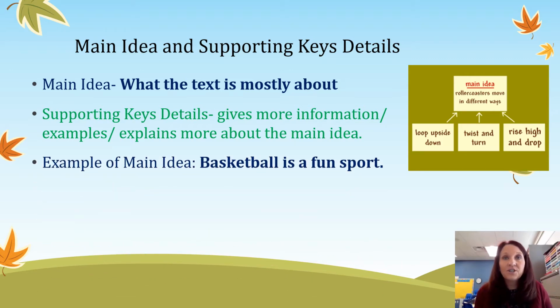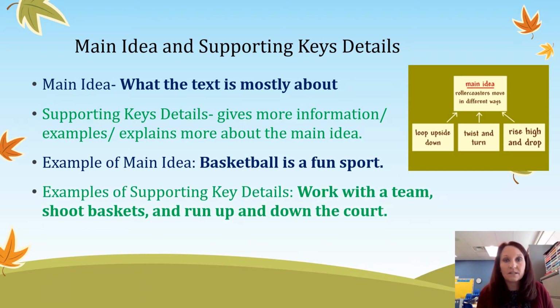So let's look at some examples here. If I said to you that I just read a story about basketball and I was asked, what is the main idea? I'm going to think back to what I read. What is one good sentence that tells what the story was mostly about? And I come up with this sentence, basketball is a fun sport. So my key details would need to give more information from the text about why basketball is a fun sport.